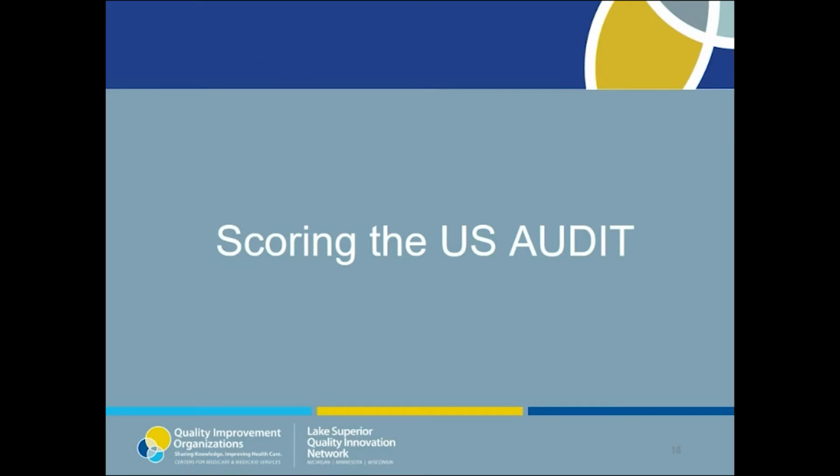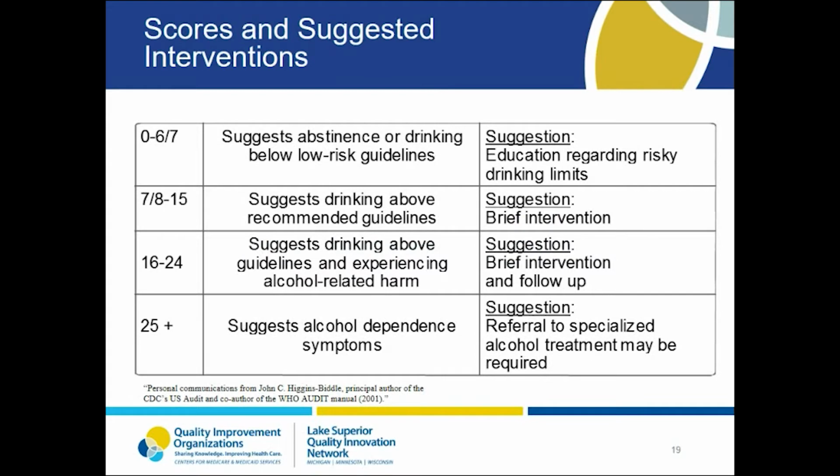Now let's look at the scoring for the US Audit. Here are the scoring categories and the suggested interventions for each level. First, we have the lowest score range, 0 to 6/7. 6 for women and adults over 65 years of age, and 7 for men.